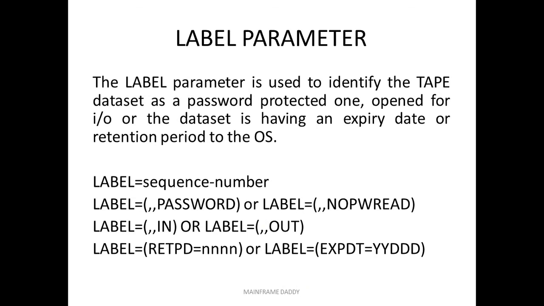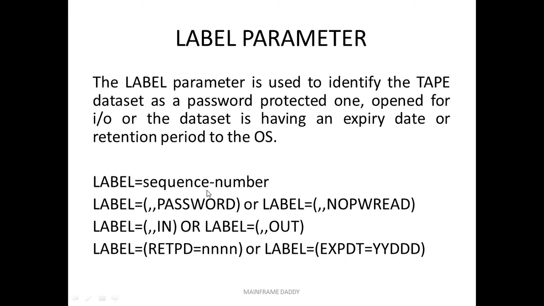The next one is the LABEL parameter. The LABEL parameter is used to identify the tape data set as password protected, or opened for input or output, or having an expiry date or retention period for the OS. Label, as its name indicates, is like labeling a data set.